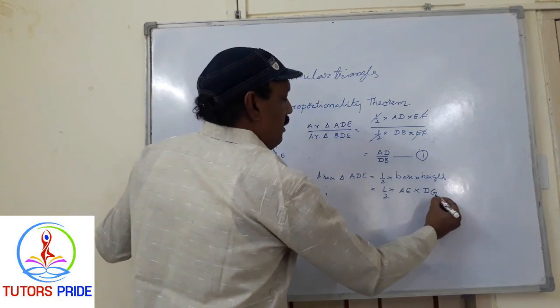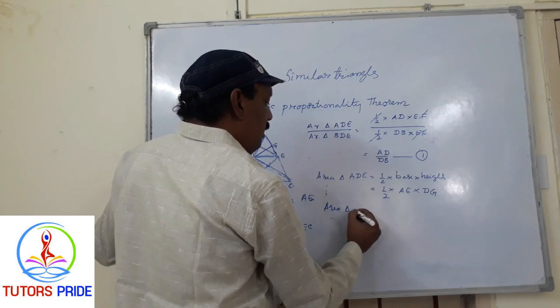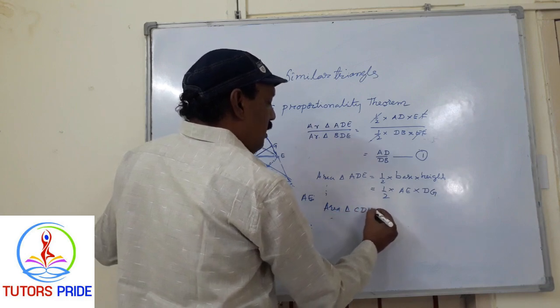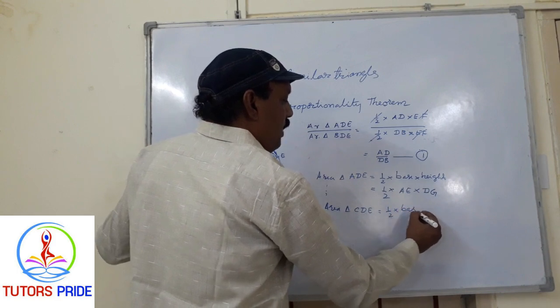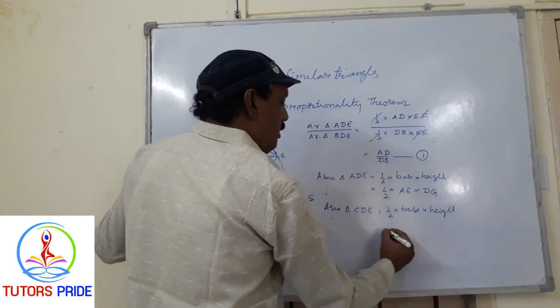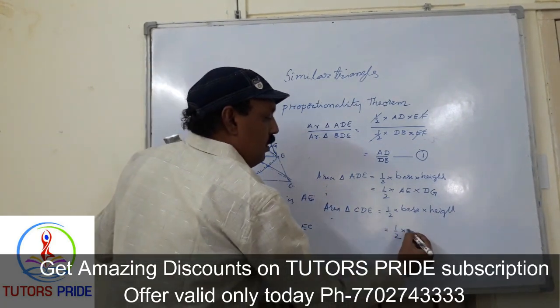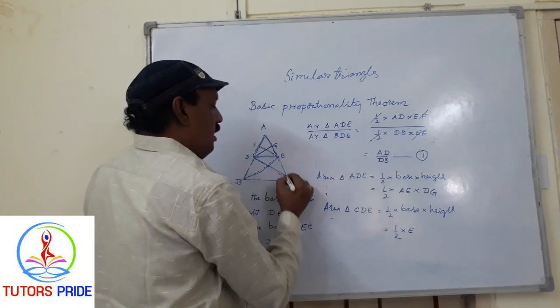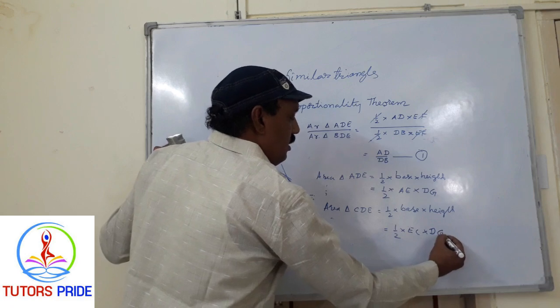Next is the area of the triangle CDE, equal to half into base into height. In this case, the base is EC, which is part of AC, and the height is DG.